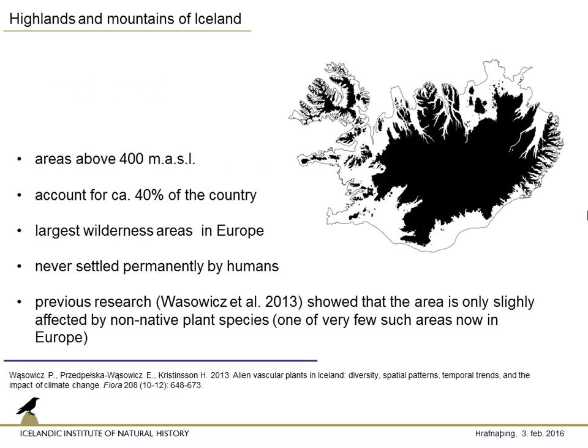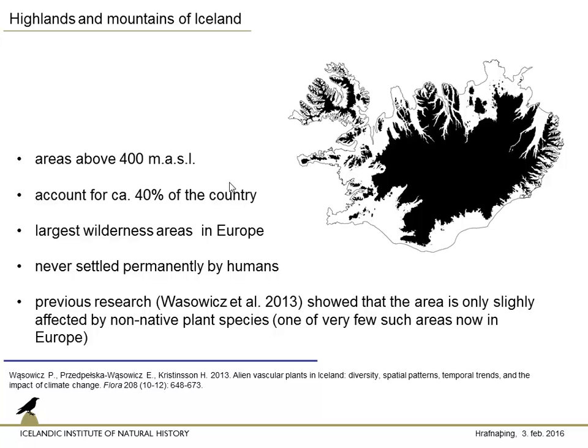Well, having said that, I would like to introduce the main topic of my lecture today. I would like to give you some information about the non-native plant species in the highlands and mountains of Iceland. Highland and mountainous environments of Iceland, I define them as areas located above 400 meters above sea level, and they account for about 40% of the country's surface.